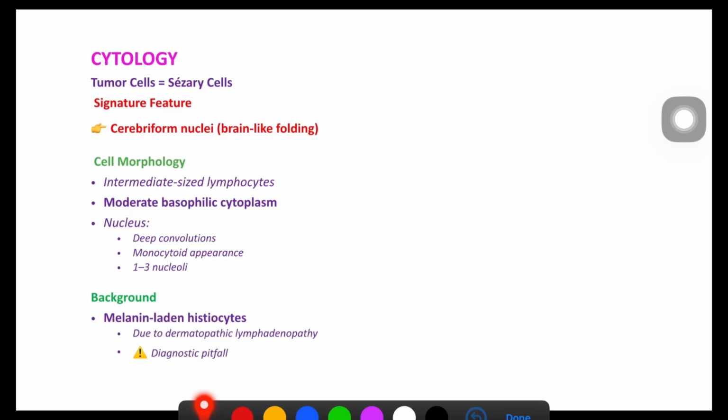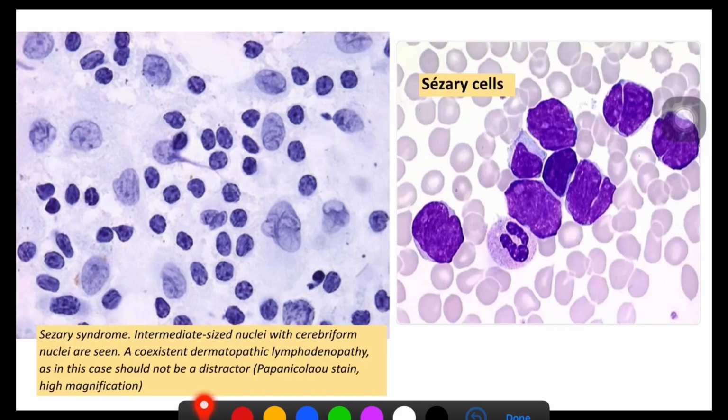Background may show melanin-laden histiocytes due to dermatopathic lymphadenopathy, which we have already discussed in the previous small cell pattern lecture also. So here you can find these are the Sézary cells, where these intermediate size cells have cerebriform nuclei, and these are the classic Sézary cells identified in the peripheral blood. So these are the Sézary cells.